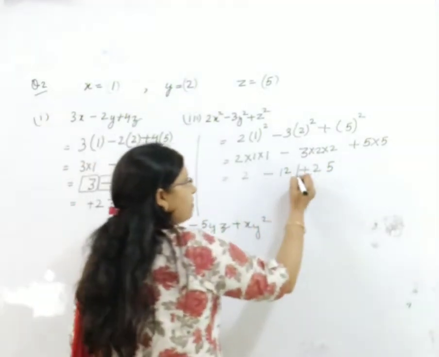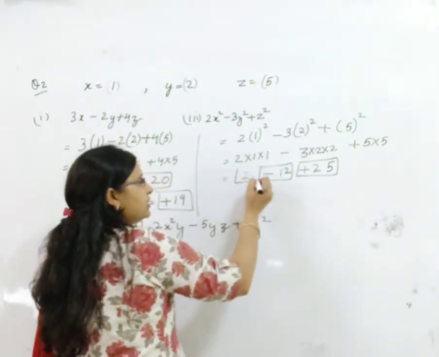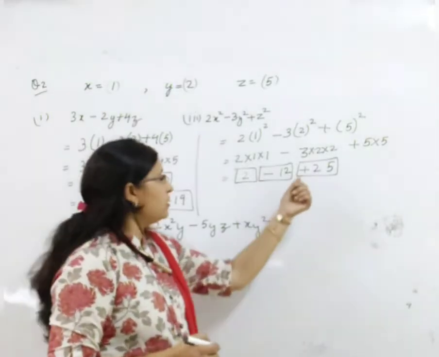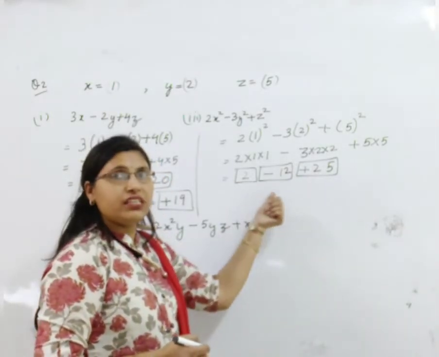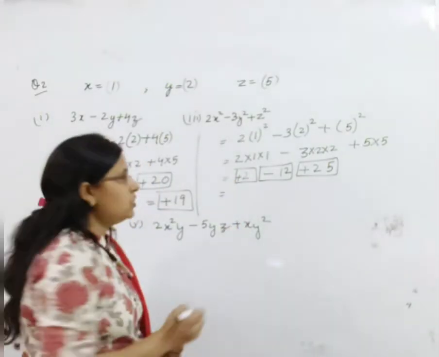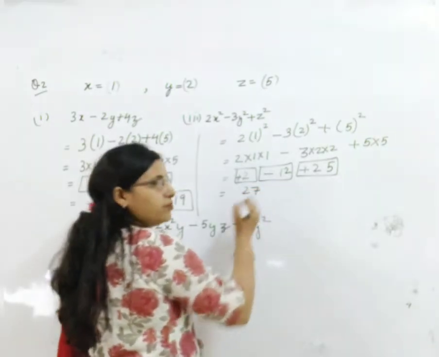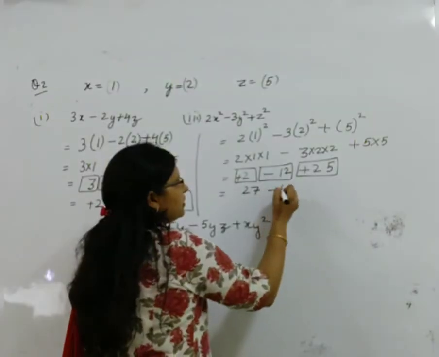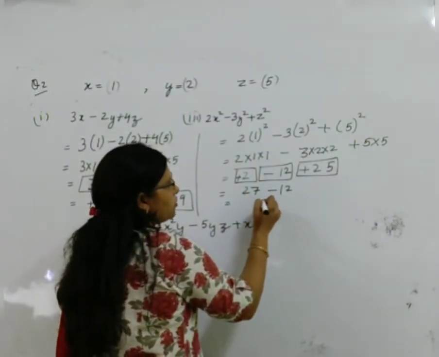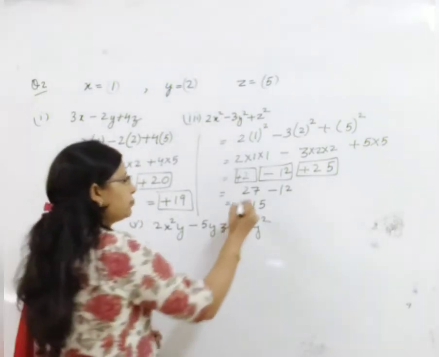Now this term has a positive sign, this term a negative sign and this term a positive sign. The rule of integers says add numbers with the same sign. This has no sign, so it is plus. So plus 2 and plus 25 becomes plus 27, minus 12. So what does it become? It becomes 15. So the answer is 15. Clear?